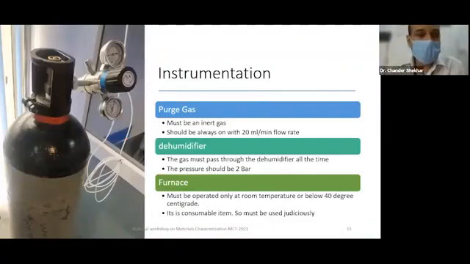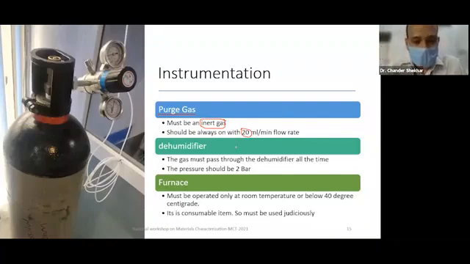The instrumentation has distinct parts. One is the purge gas. This is the inert gas. It could be nitrogen, helium, or oxygen, depending upon the experiment, at a steady flow rate. Now this purge gas, there is a furnace that is heating in a certain temperature range.